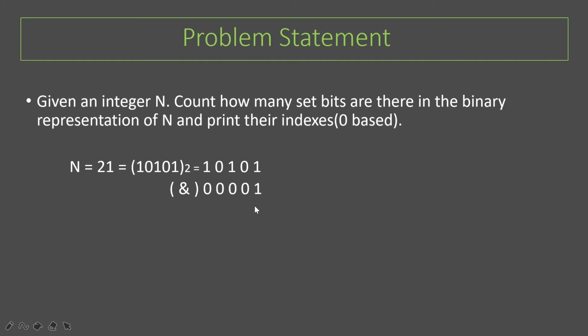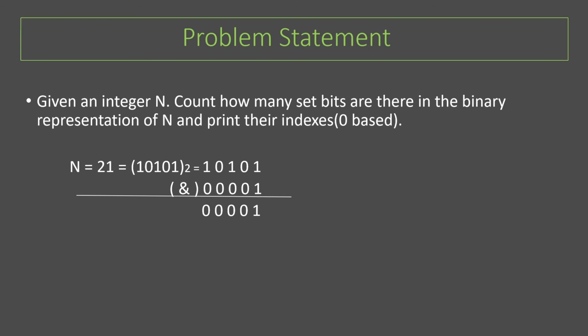So if this is 0, then we will get all the bits 0. Otherwise we will get a 1 on this bit, so we will not get 0. So it means that the bit of this index is set.